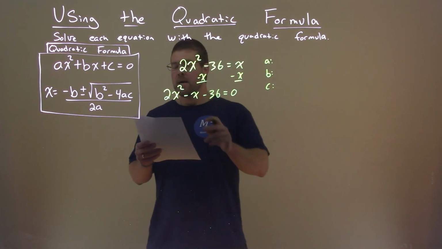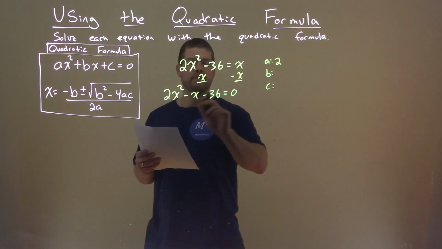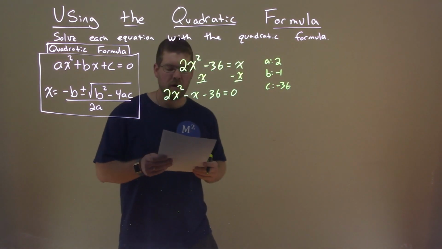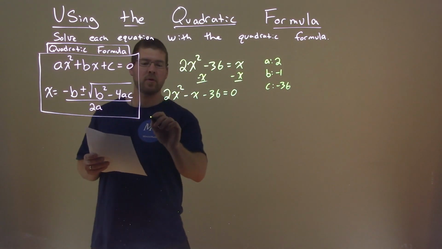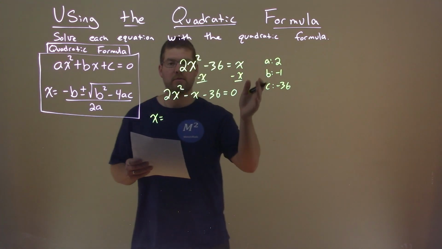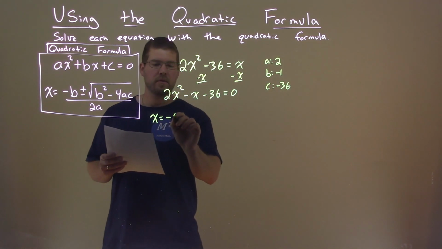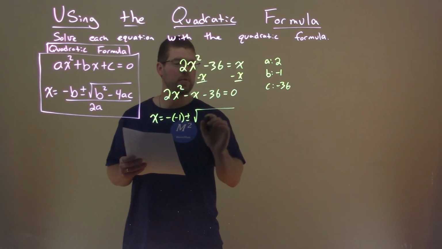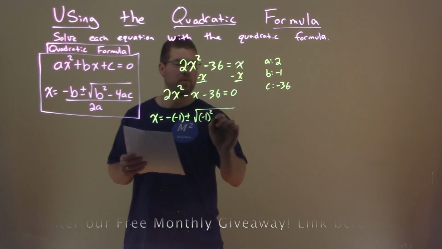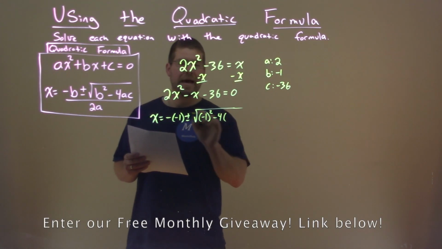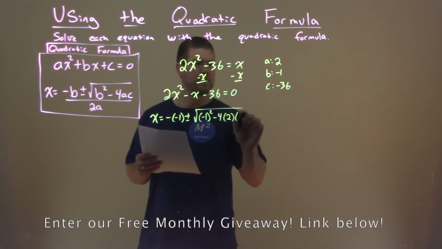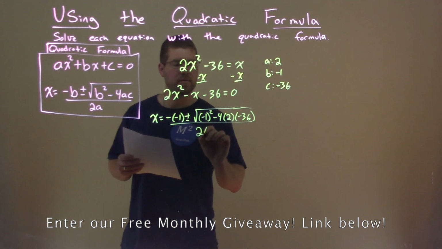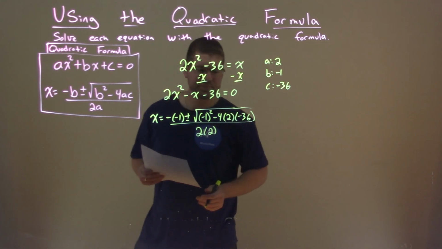A value is 2, b value is negative 1, and c value is negative 36. So now with that, we can use the quadratic formula and plug in our values and solve. So negative b, so negative negative 1, plus or minus the square root of b squared, negative 1 squared, minus 4a, which is 2, times c, which is negative 36, all over 2 times a, which is 2.